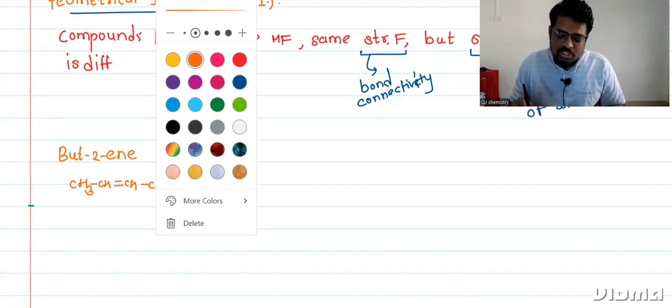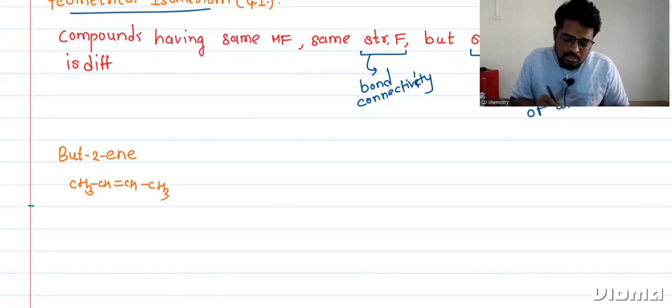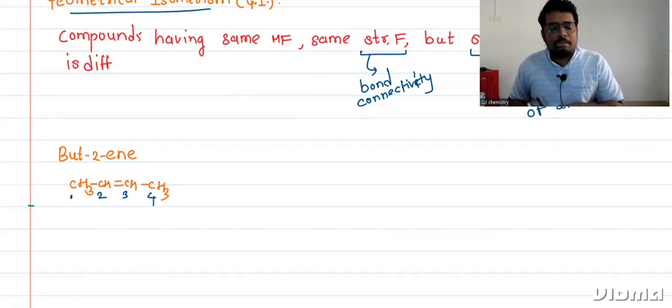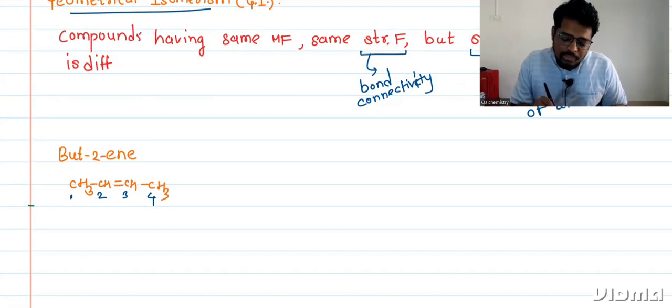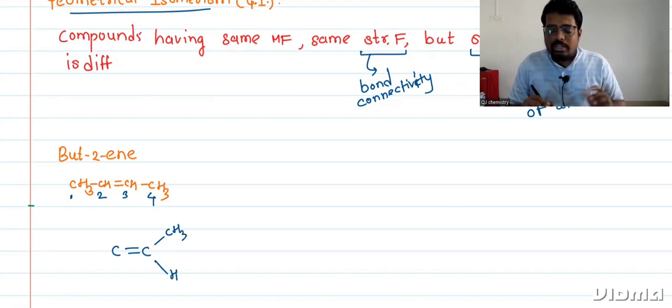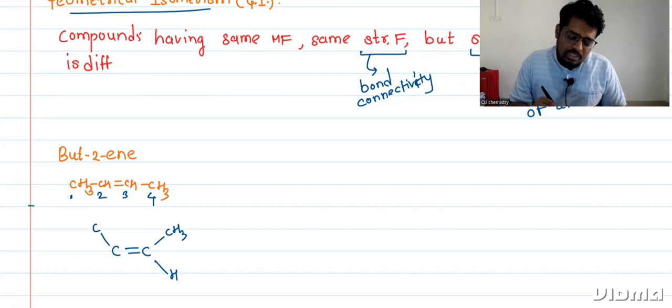In the complete structural formula, let us start numbering from one end of the parent chain. We know that there is a double bond between carbon 2 and carbon 3, so first draw the double bond. On this double bonded carbon, a methyl group is attached and one hydrogen atom. Similarly, at the other end also, one methyl group is attached and one hydrogen atom.